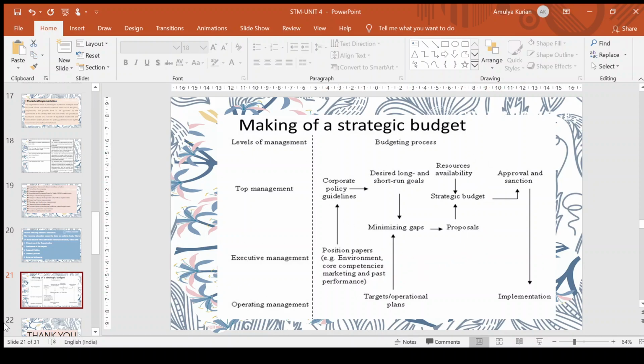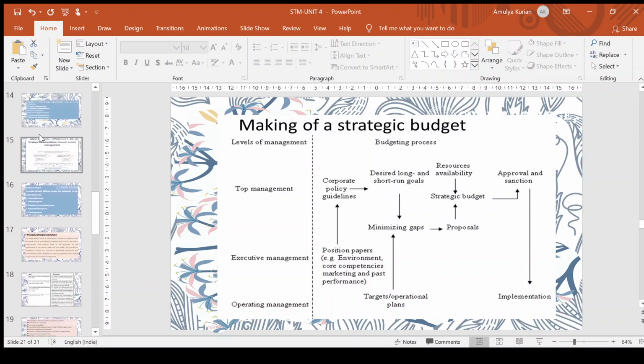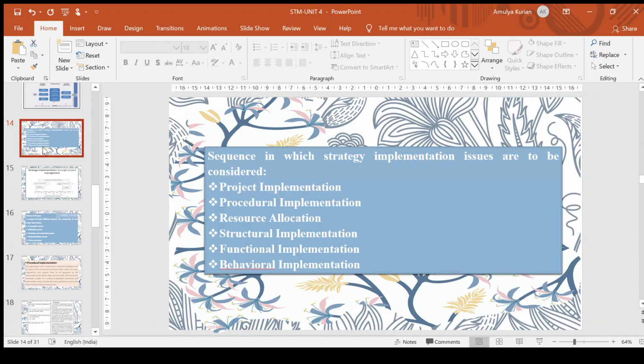Okay, so in this session we have come across the different issues we have to consider when we are implementing a strategy. In this one there are six: project implementation, procedural implementation, resource allocation, structural implementation, functional implementation, and behavioral implementation.